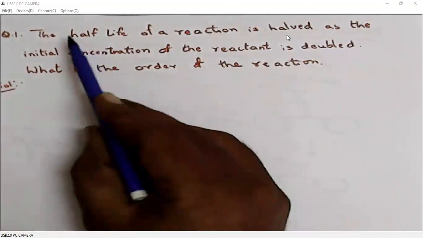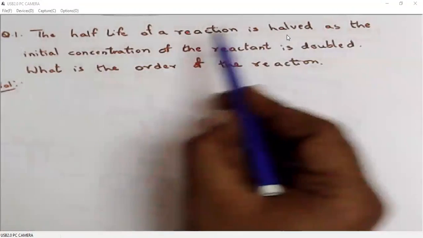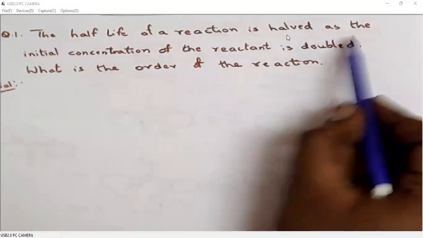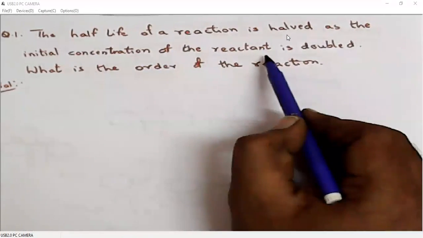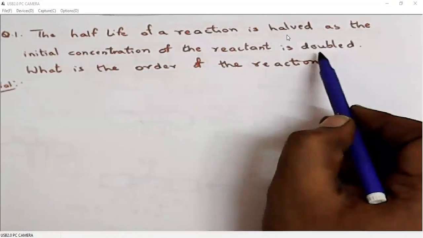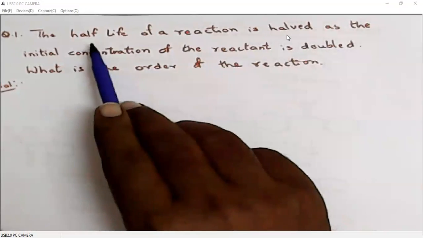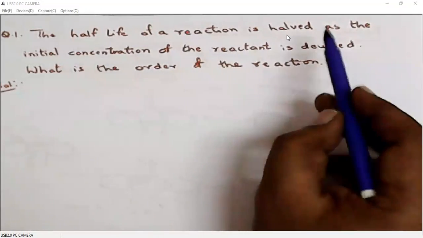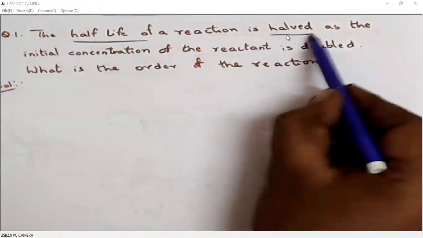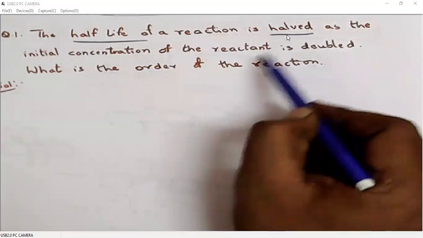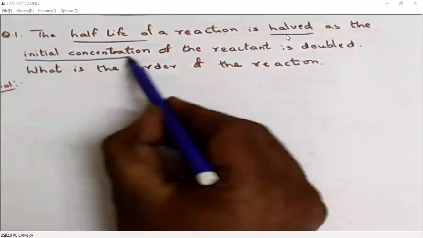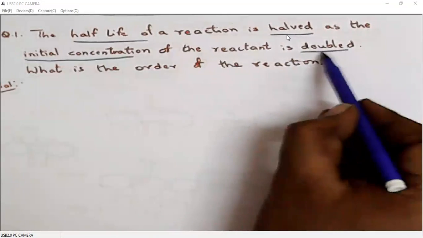In the first problem, the half-life of a reaction is halved as the initial concentration of the reactant is doubled. I'll repeat, the half-life of a reaction is halved, that means it is made half, as the initial concentration is doubled.